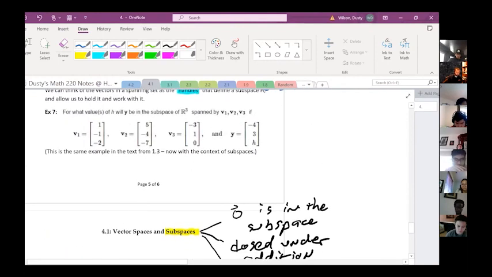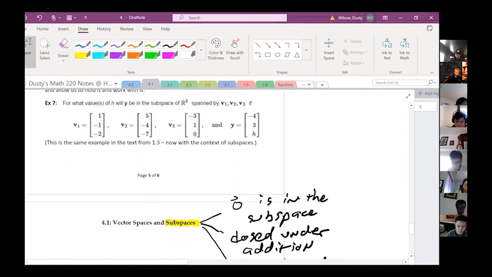All right, so example 7. For what values of H will Y be in the subspace of R3 spanned by V1, V2, and V3, where V1, V2, V3 are given, and Y is given as well. Again, this is a familiar example. We actually worked through this exact question previously.